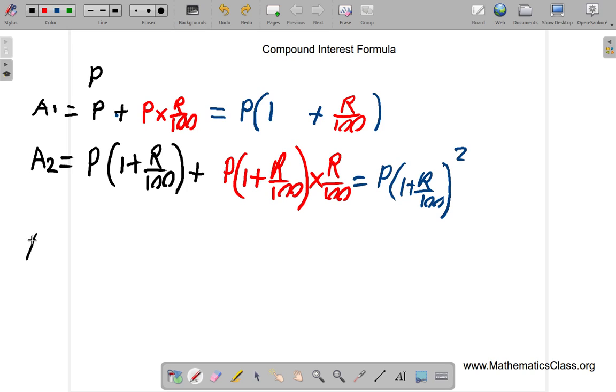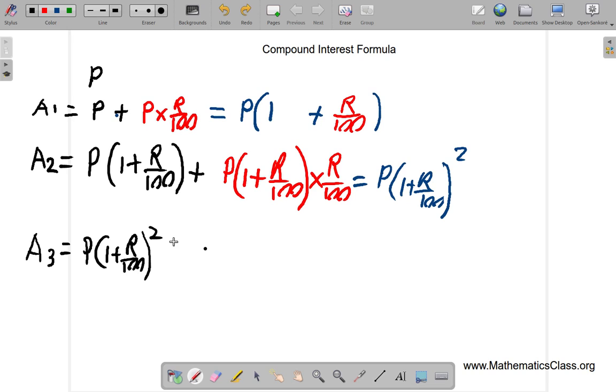What is the amount after you receive your third payment? We call it A3. Just before you receive your third payment, the money you had was P times 1 plus r over 100 squared.